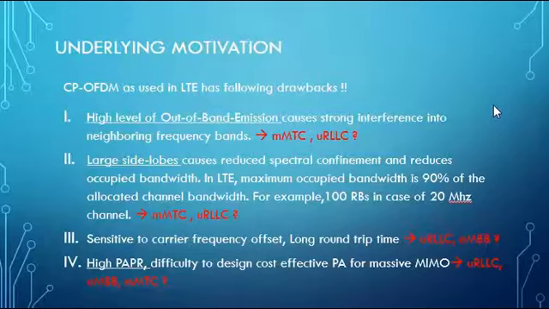First is that it has a high level of out of band emission. In OFDM the shape of the used sinc pulse in the frequency domain results in the out of band emission, which causes strong interference into neighboring frequency bands.